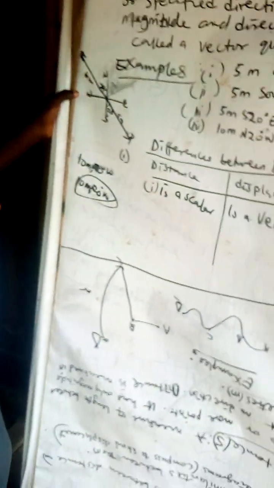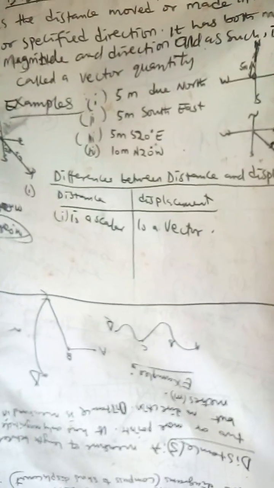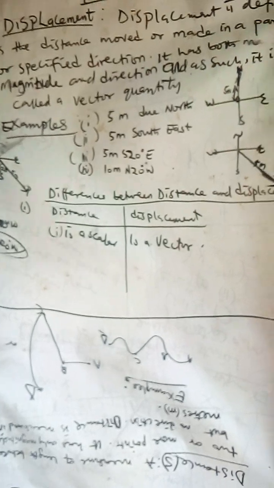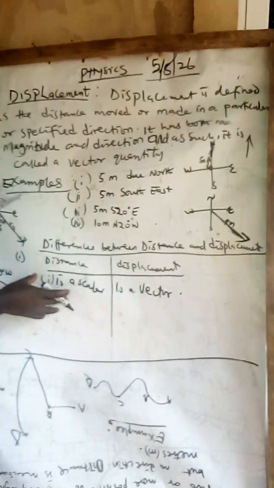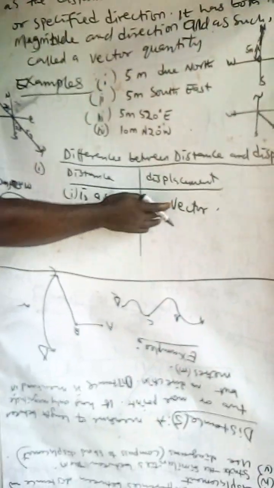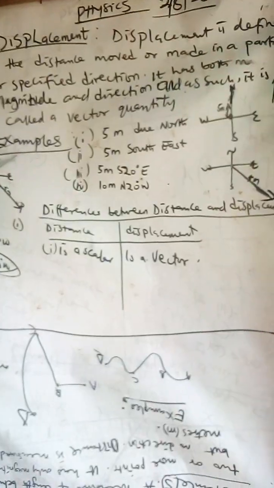Because I've told you that in their similarities, both are measured in meters and both have magnitude. Okay? Then the only difference we are bringing out now is that distance is a scalar and displacement is a vector. So what is a scalar and what is a vector?